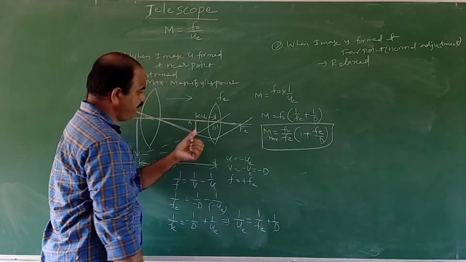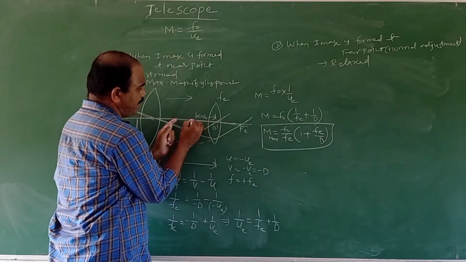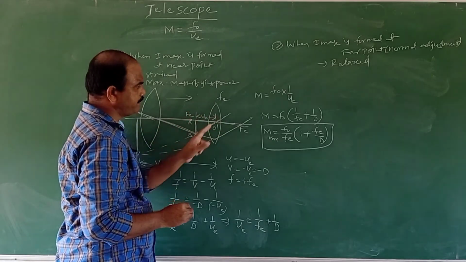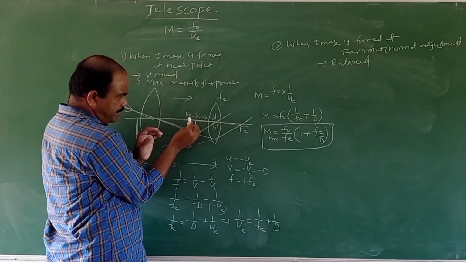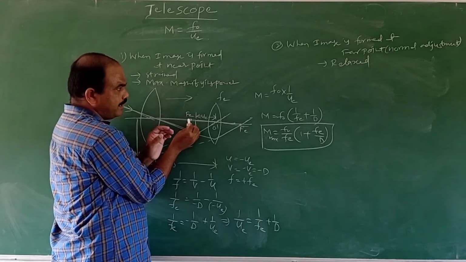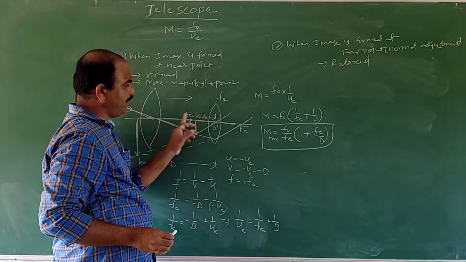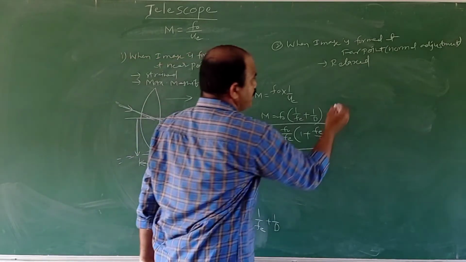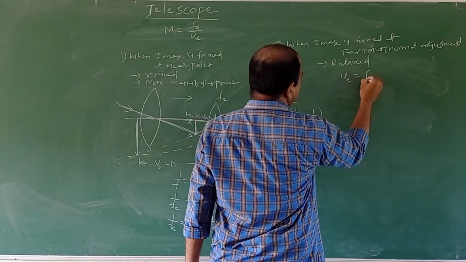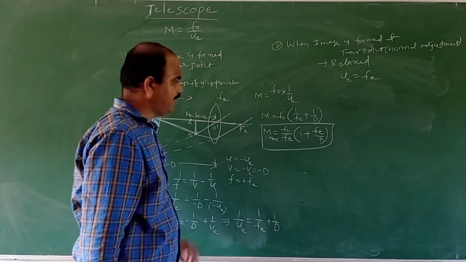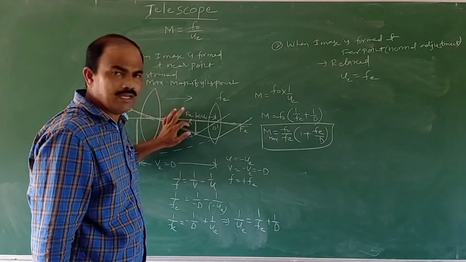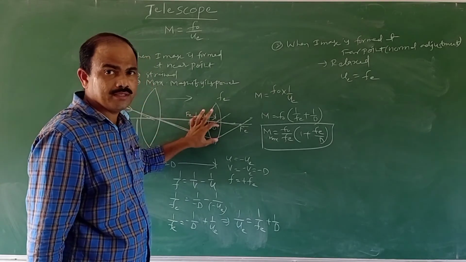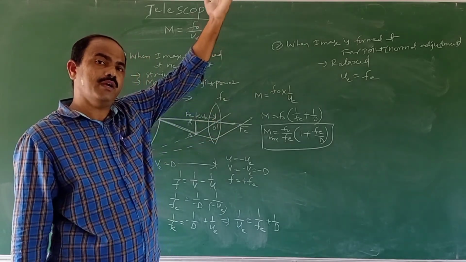So if we bring the object at the focus of the eyepiece, that is when u_e becomes f_e, and when the object is at the focus of the eyepiece, then the image is formed at the far point or at infinity.